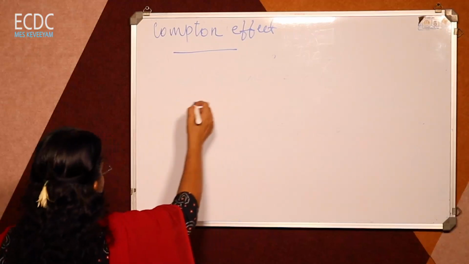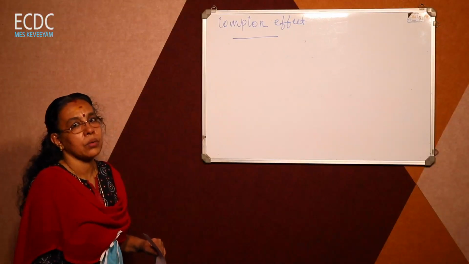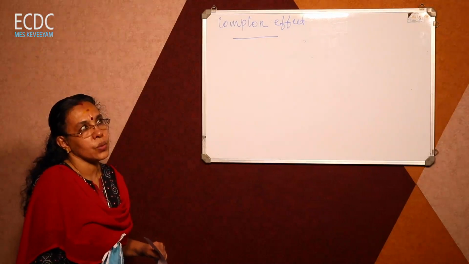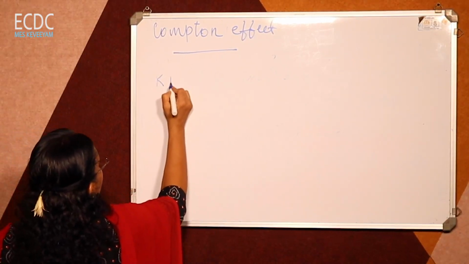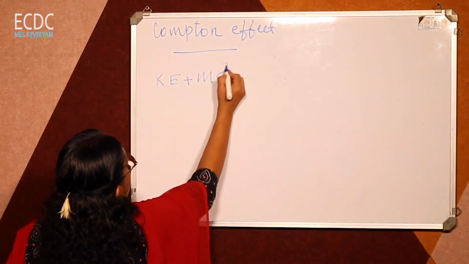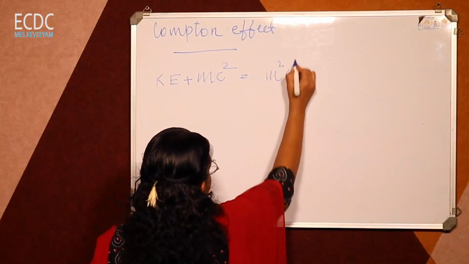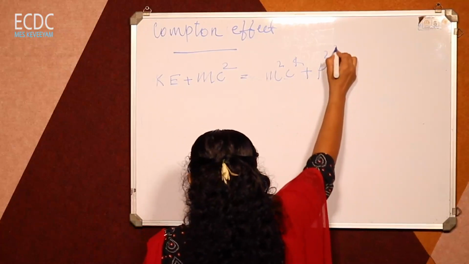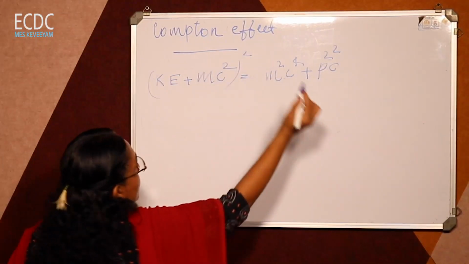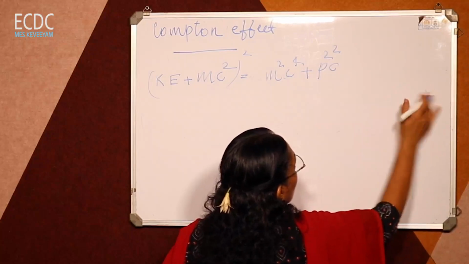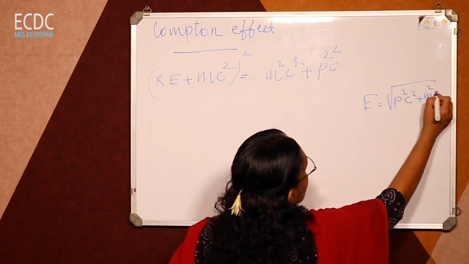By equating the expressions for energy, E is equal to Ke plus mc squared, and E is equal to square root of p squared c squared plus m squared c raised to 4.